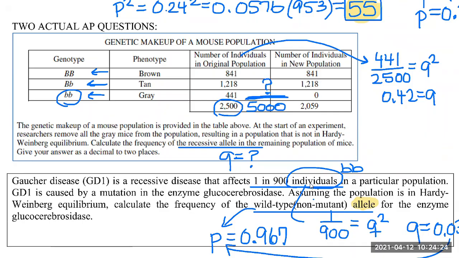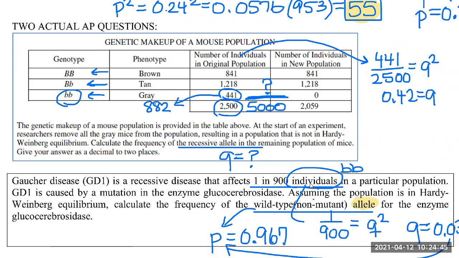We can figure that out by hand. Every individual, these 441 that are little b, they each have 2 copies of little b. So wouldn't it be true that there would be 882 copies of little b if I count these 441 individuals?